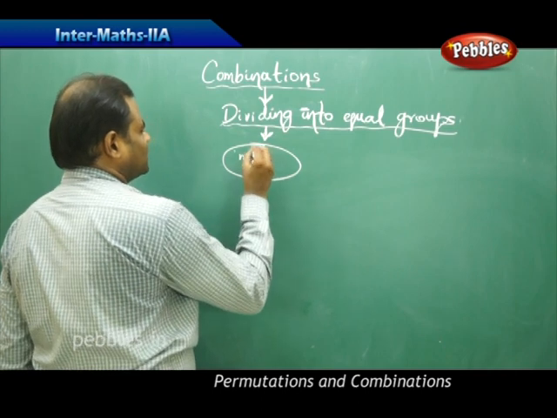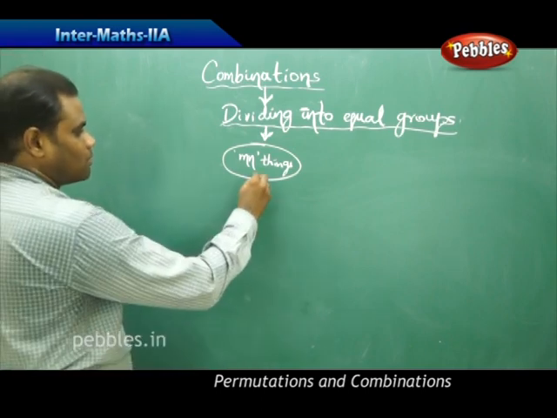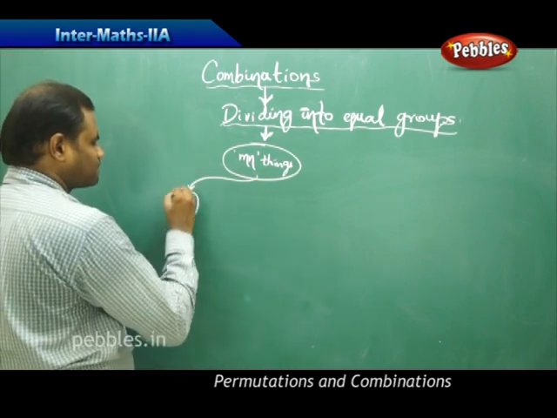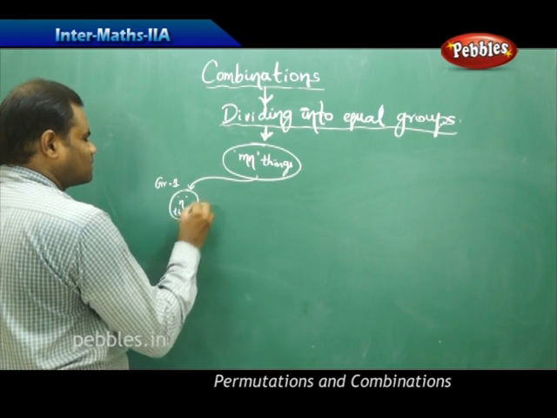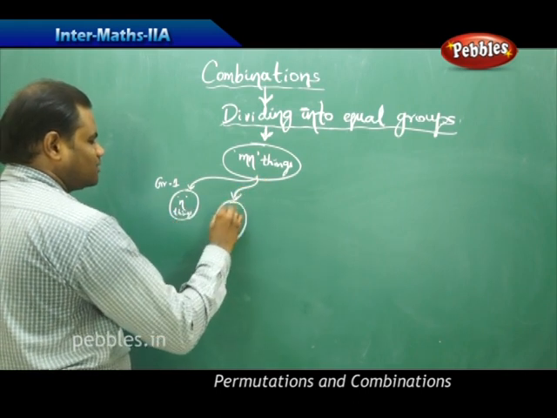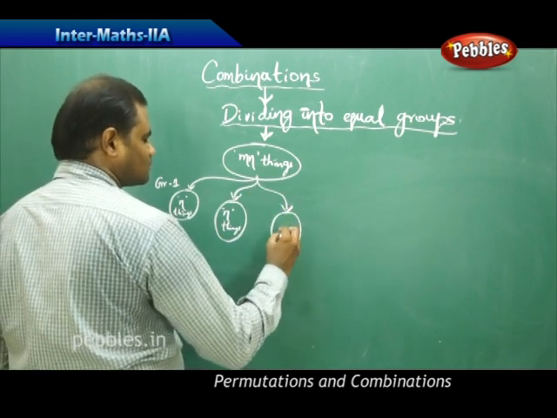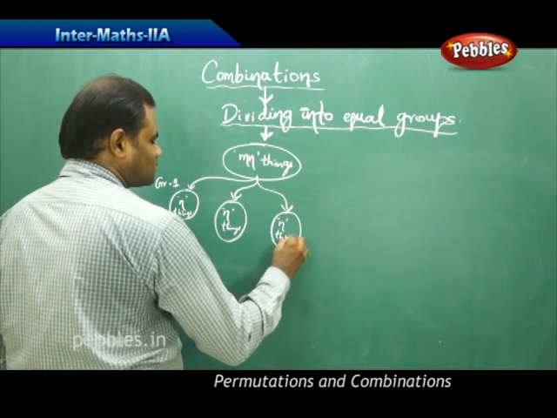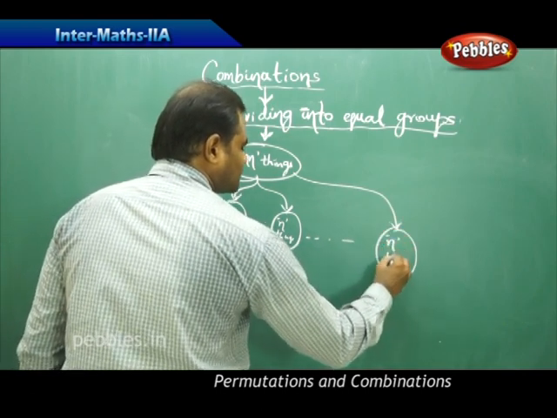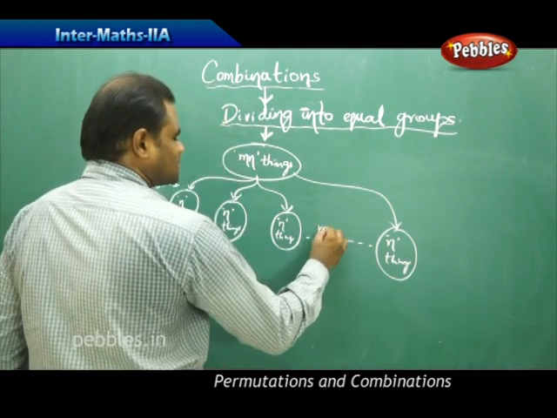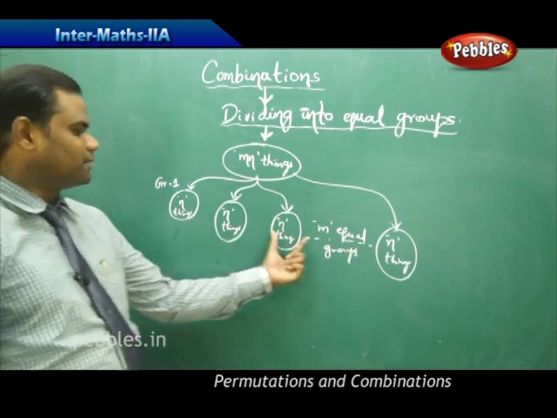Say I assume that in the original group there are totally m times n things, and I want to divide this group into m groups, each containing n things, that is m equal groups which I am taking here, because each of the groups is having n things.